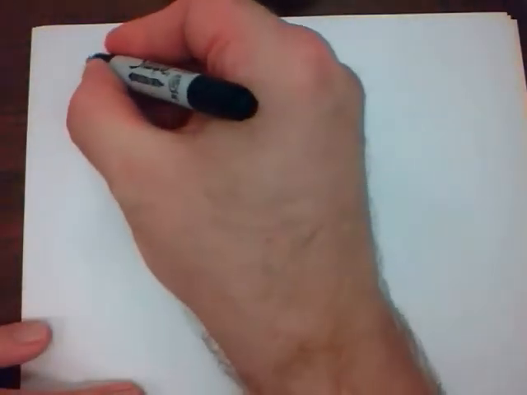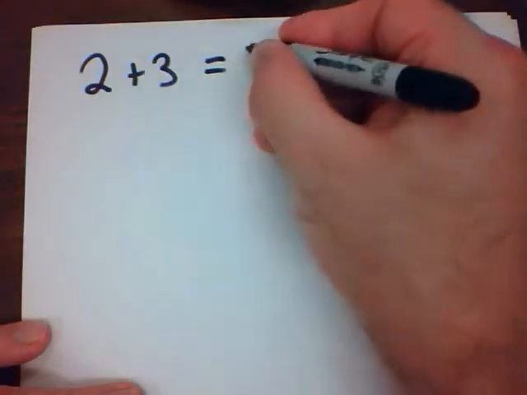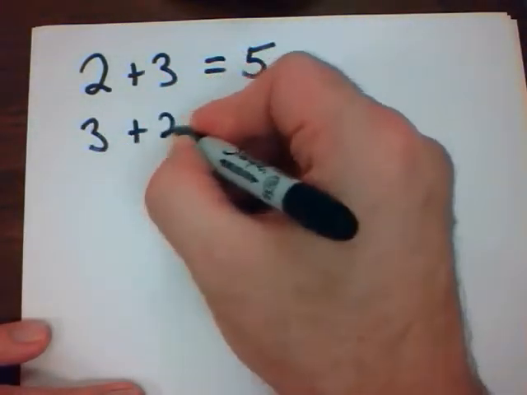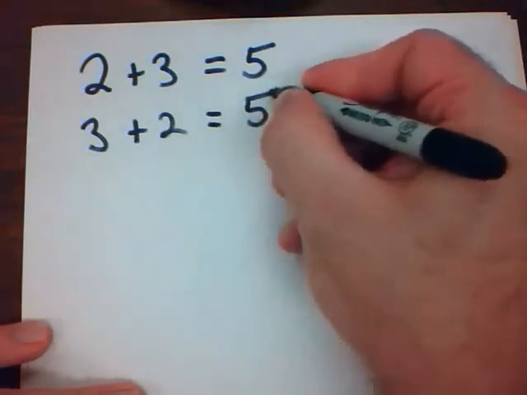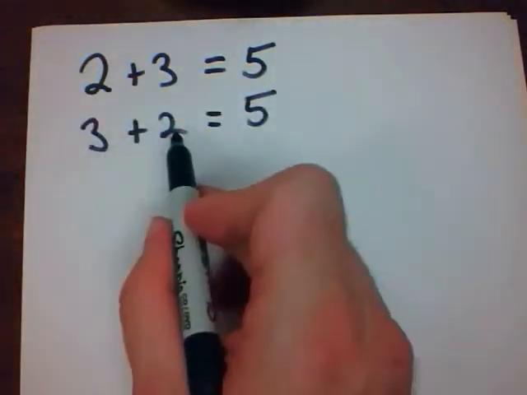First, 2 plus 3 equals 5. 3 plus 2 equals 5. That's simple enough. Basic questions that we know how to do.